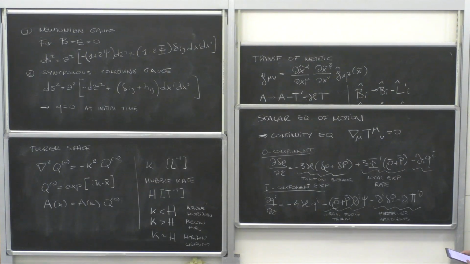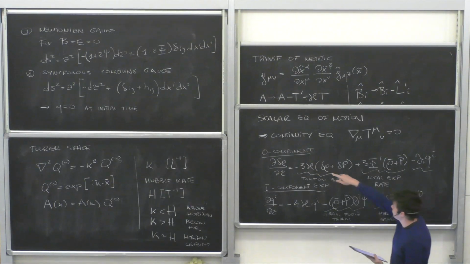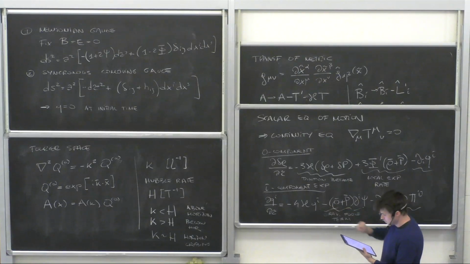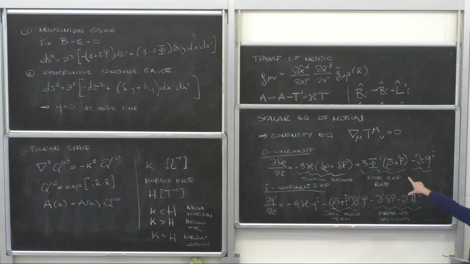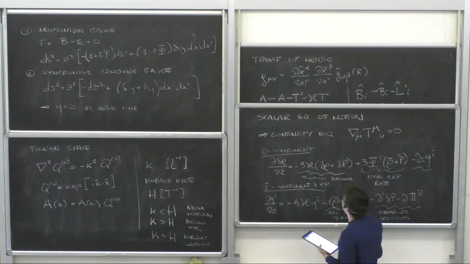Why? Because we have δρ, δp, q, and π. So we have four scalar quantities that we want to solve for, and we have two equations. So we need to assume something about the fluid in order to make progress and solve these equations.